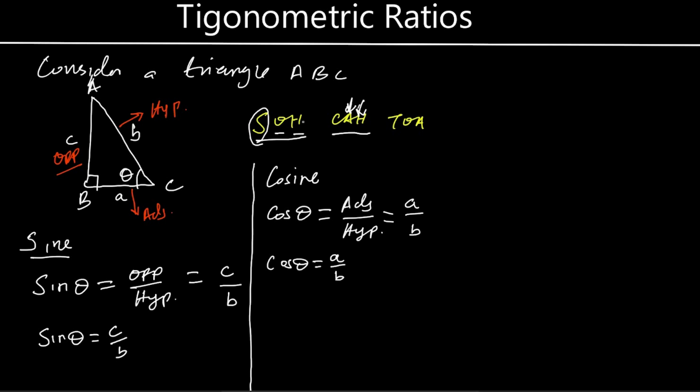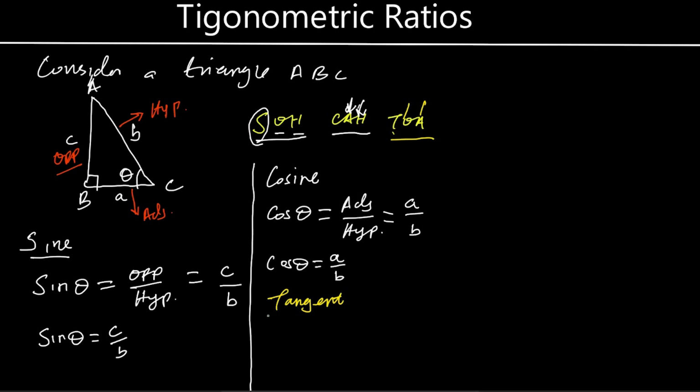Now we move on to the tangent. Now from TOA, we can see we have opposite and adjacent, which is defining the tangent.